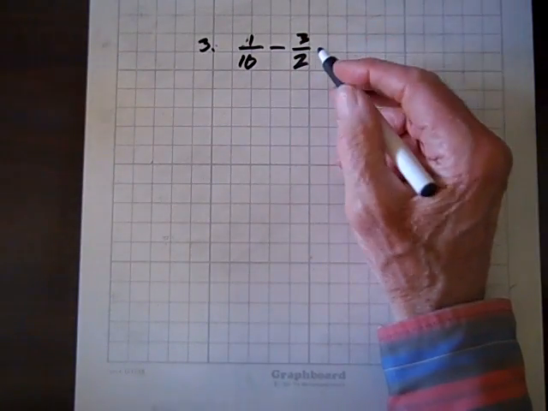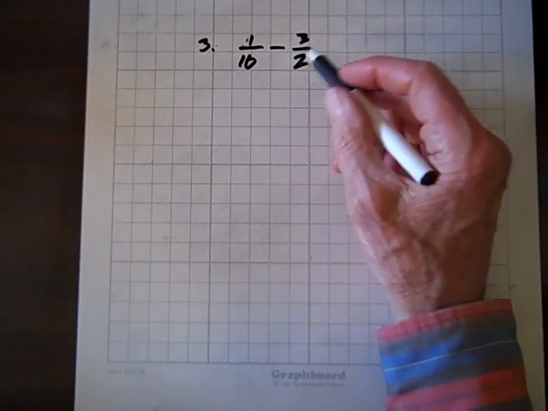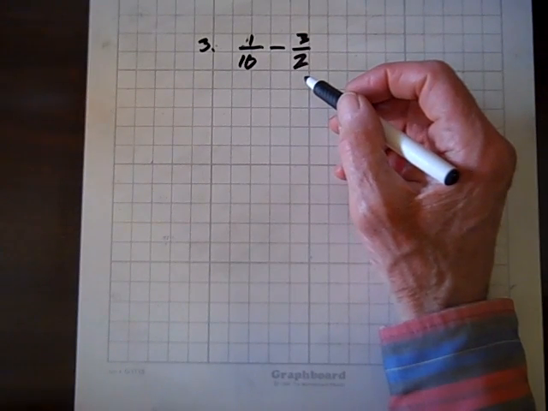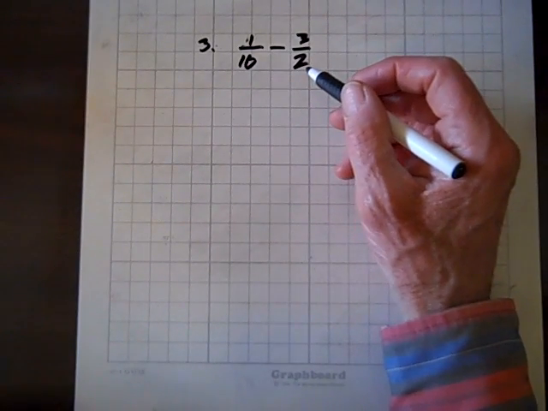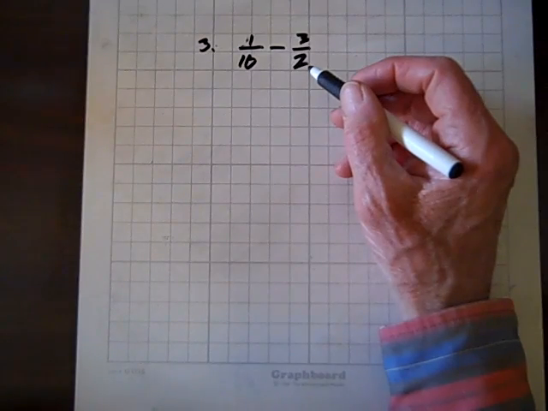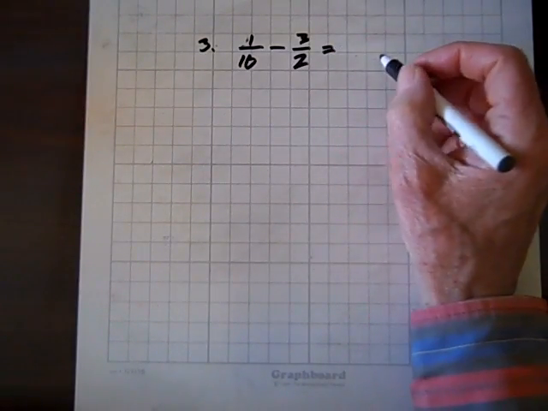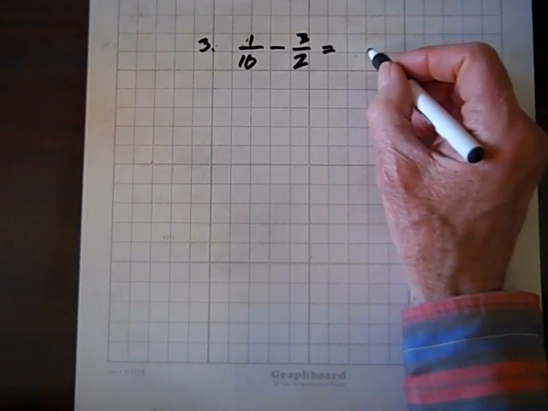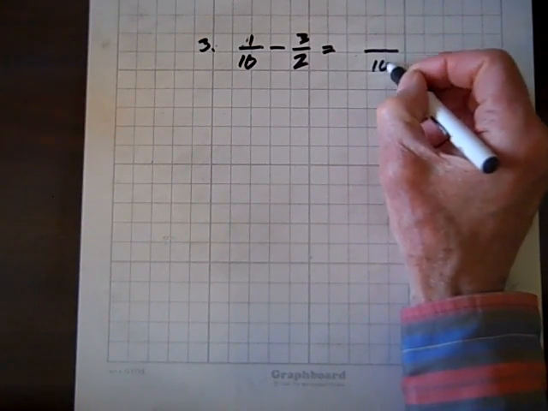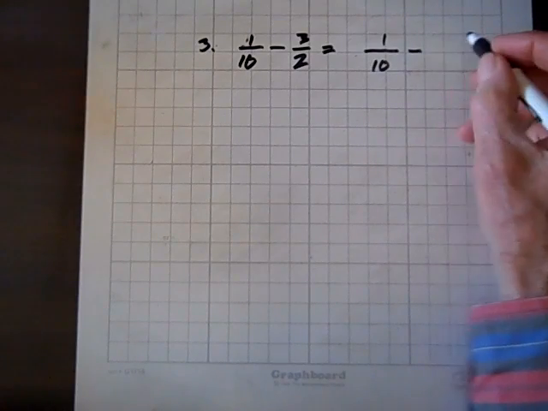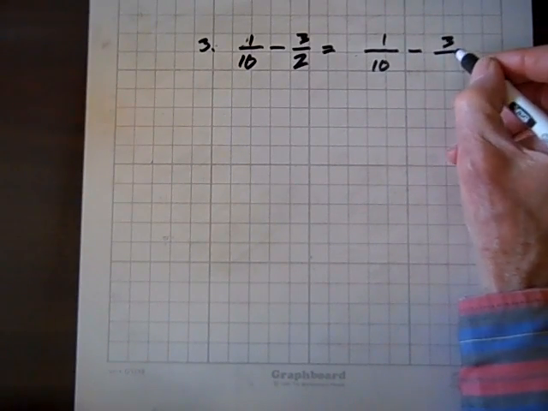And first of all, you're going to say, wait a minute, you just said you're going to add, and here you are subtracting. Well, subtraction is just a form of addition. You're adding a negative number to another number. So this equals 1 over 10 minus 3 over 2.